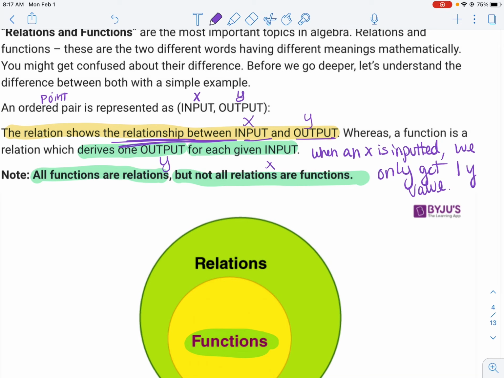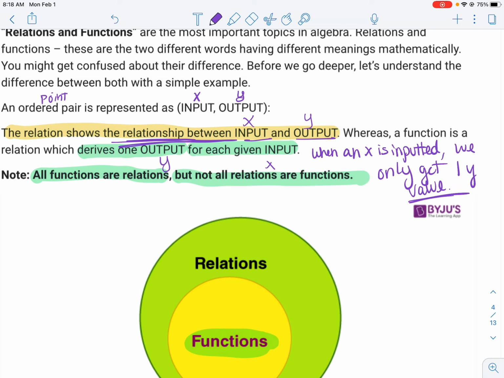All right, so if we inputted an x and we ended up with multiple y values, that's just a relation. But if we input an x and there's only one potential y value we could get, then that's a function. So it's a much stronger statement, and it helps us to be a little more specific or a little more clear when we're discussing these types of relationships.